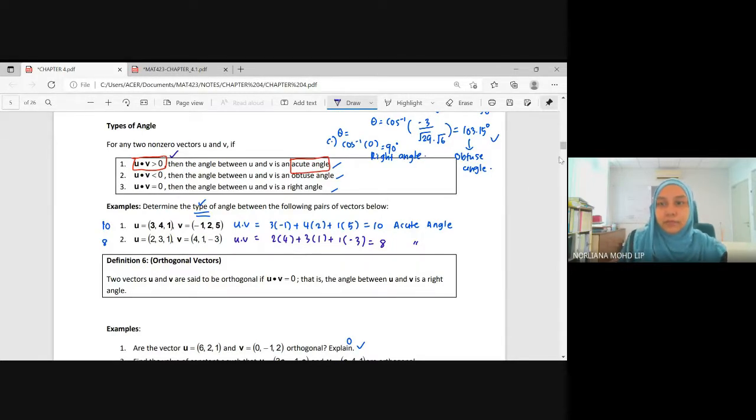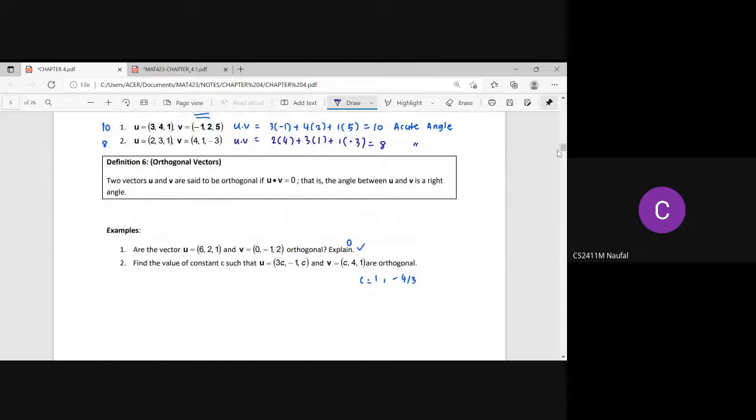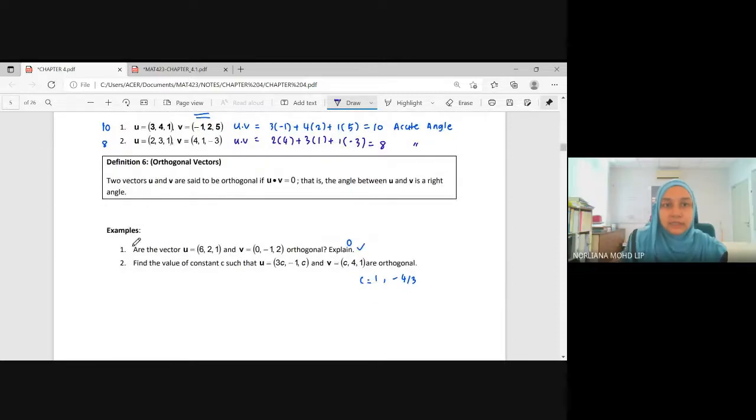Okay, boleh faham? Boleh. Okay, last. Okay, are the vector U and V orthogonal or not? Okay, proof for orthogonal.